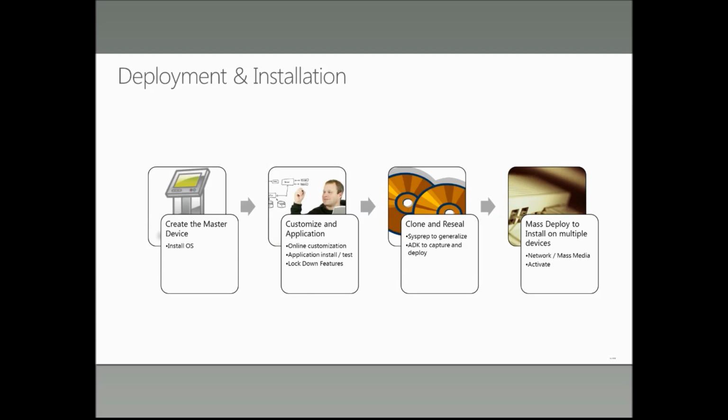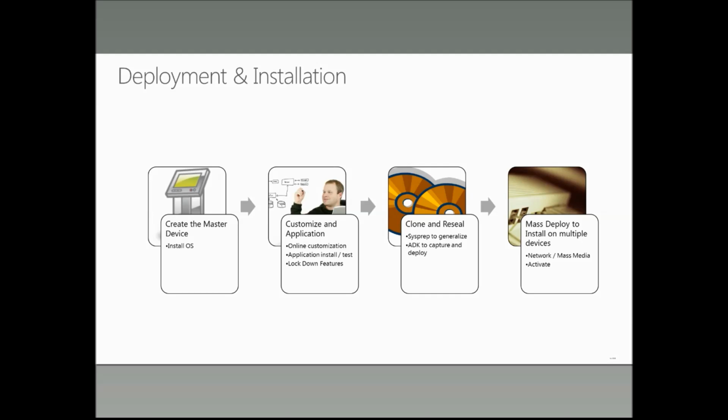The second is to customize, add your application, do all the customization that needs to happen at runtime. You could test your driver, test your application, lock down your device, installing your lockdown features, basically making a golden image that you will clone to multiple devices in the next two steps. You use sysprep to generalize, making sure you reset the SID, and all those steps can be made automatic through scripts or a configuration file.